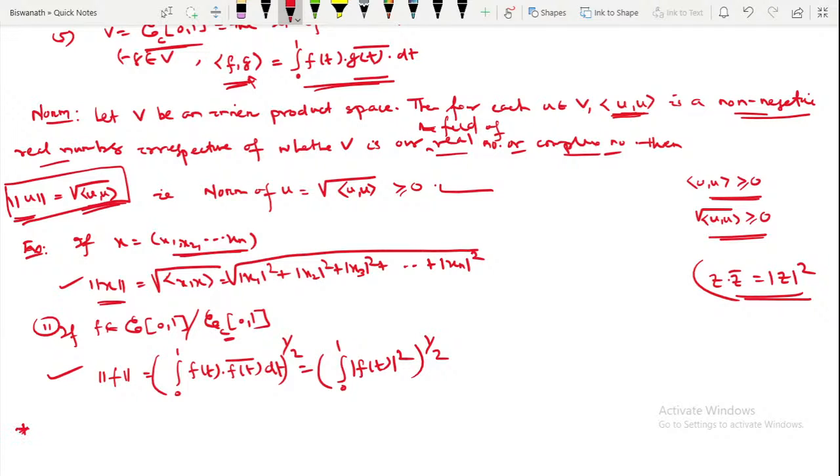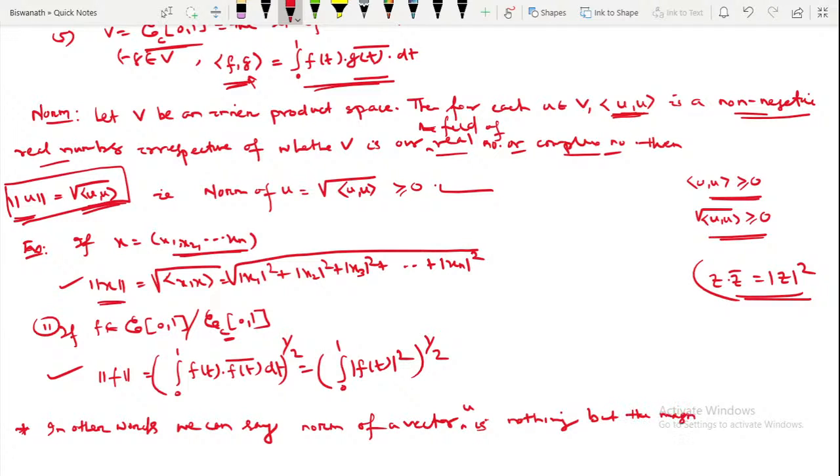So what we can note down, in other words, is that the norm of a vector u is nothing but the magnitude or length of vector u.